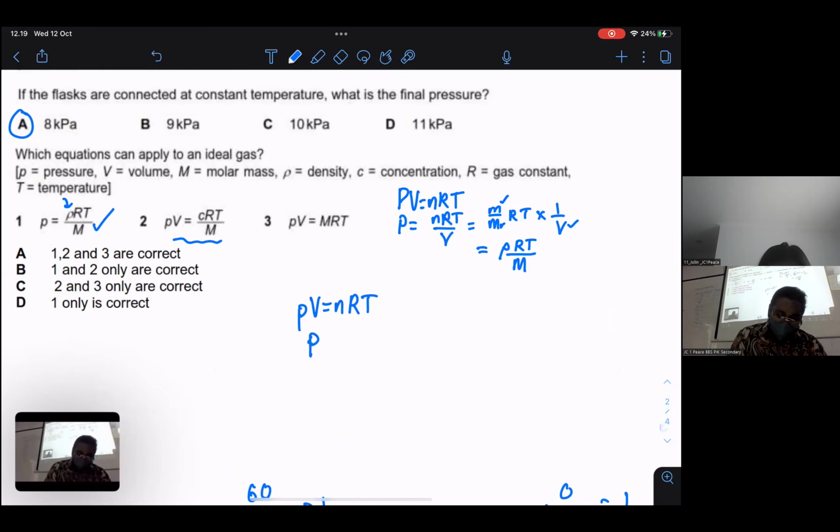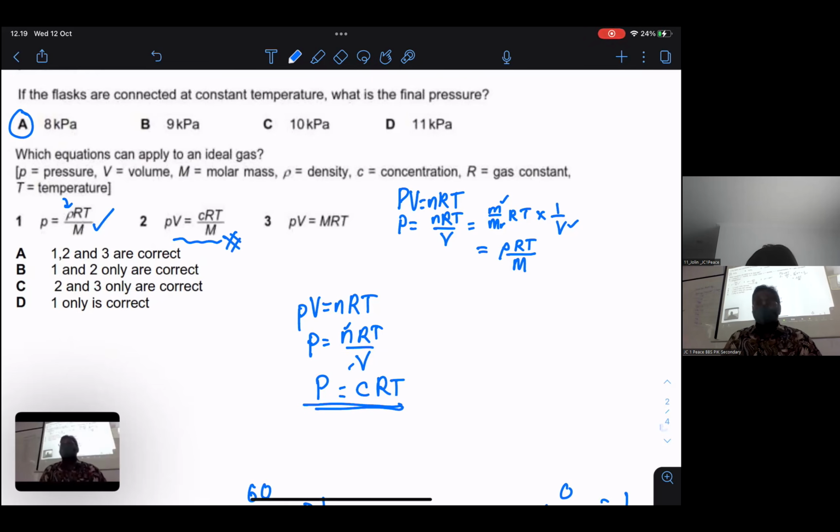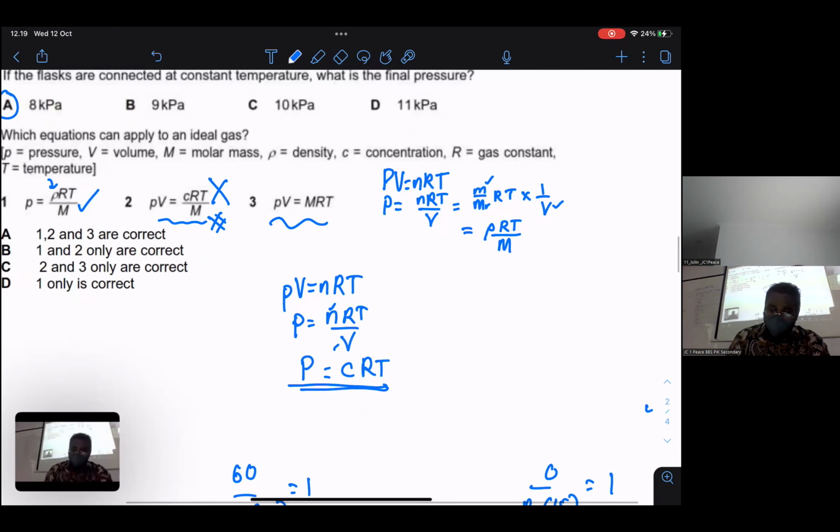So you just use P equals nRT divided by V. Number of moles divided by volume is supposed to be concentration. So it's supposed to be this alone, not this. This is wrong, so this is automatically wrong. Let's look at this. PV must always be nRT.